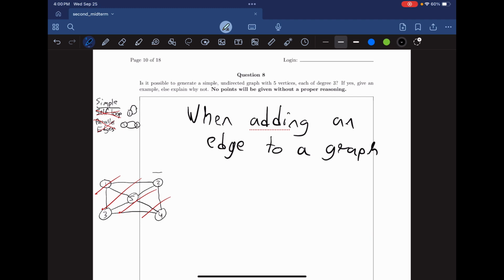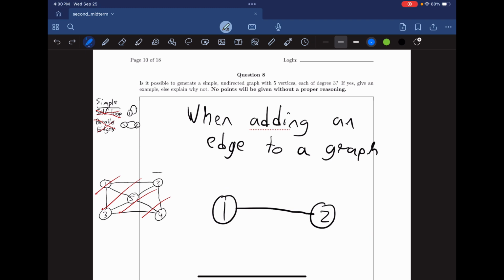What I mean by that is, let's say that you have 2 vertices in a graph, 1 and 2. If you add an edge between them, the number of degrees of 1 has gone up by 1.